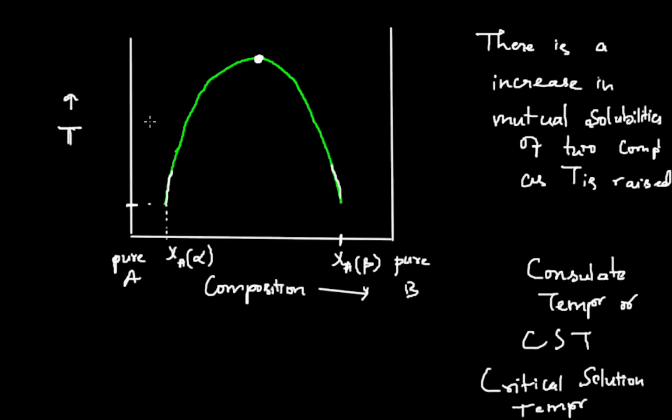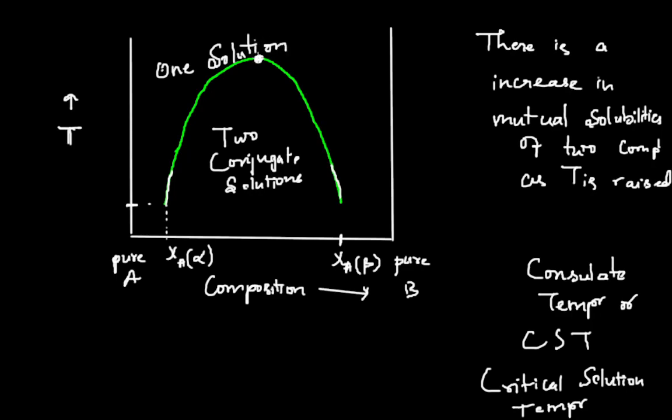So here what happens is, inside this curve there are two conjugate solutions. Okay, and above this curve there is only one solution. Anywhere above this curve there is only one solution. Which means at a temperature greater than CST, or this Consulate temperature, the two liquids are miscible in all proportions and thus form a single solution.